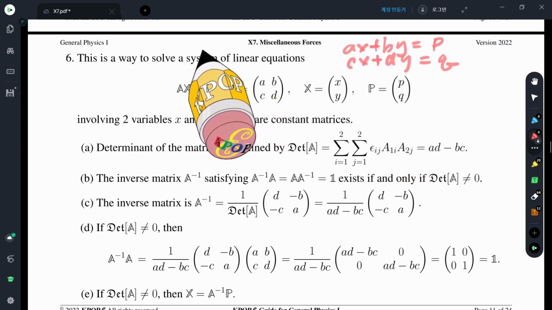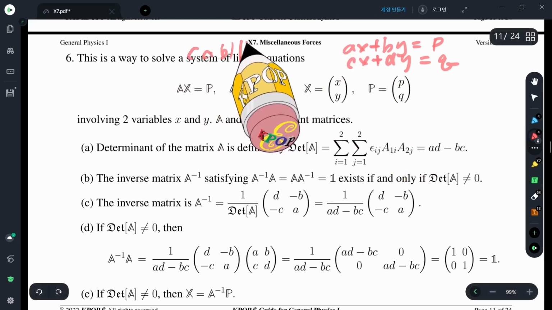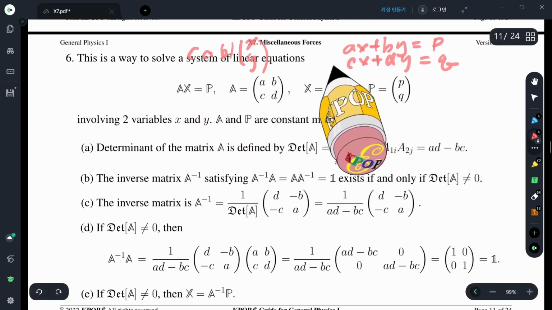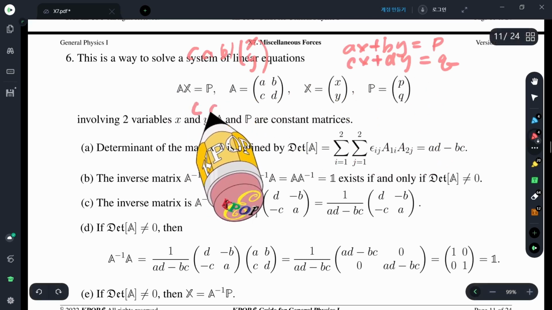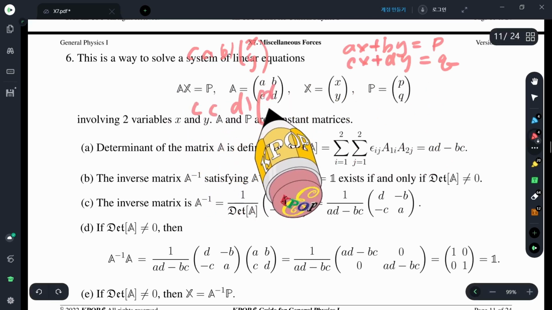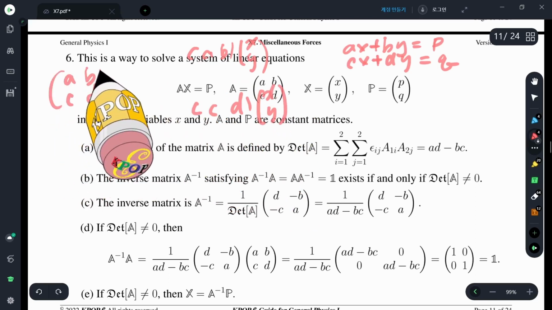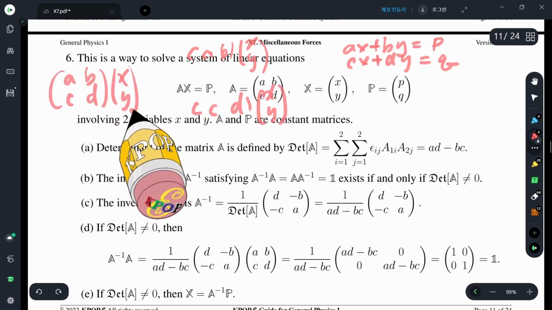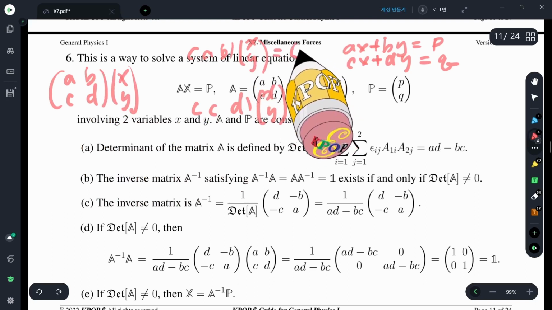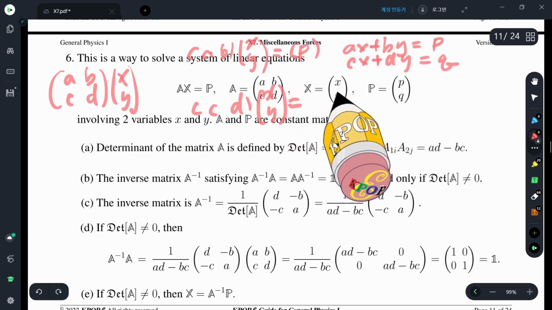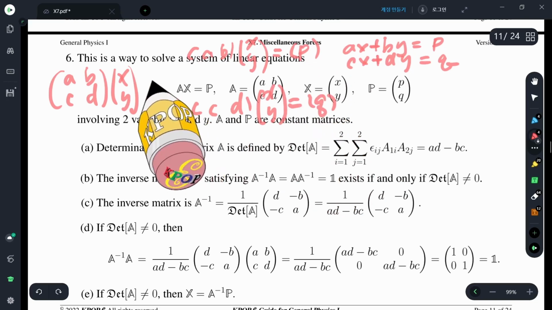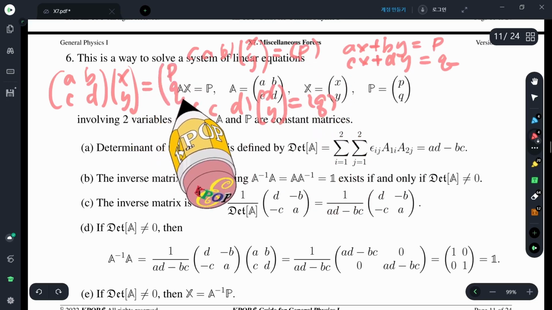Then the first one is a, b, and x, y, and the second line can be written as c, d, x, y. If we combine these two, a, b, c, d, x, y, and the first equation is p, the second equation is q, we have the matrix equation.